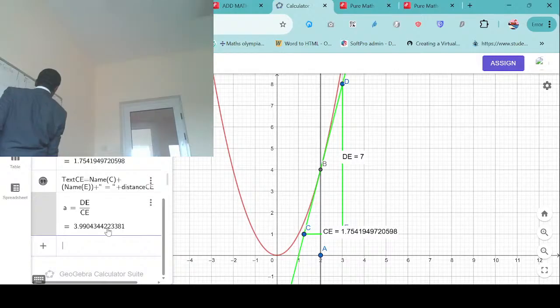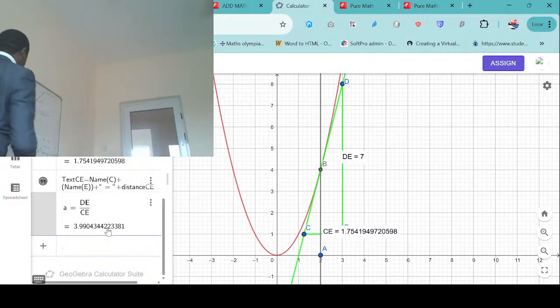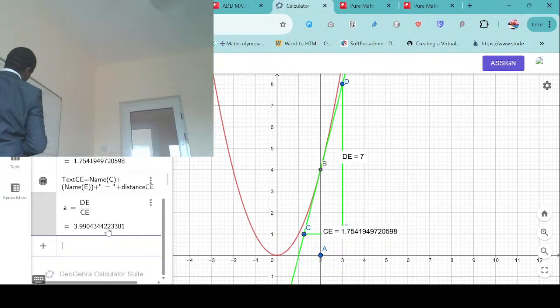What is the change in y? y2 minus y1, which is 8 minus 1, which is 7. You get it? So if I'm at y1 and I'm going to y2, I just need to add y1 plus change in y. So if this is an arbitrary one, and I want to move to y2, all I need to do is to add y plus change in y.